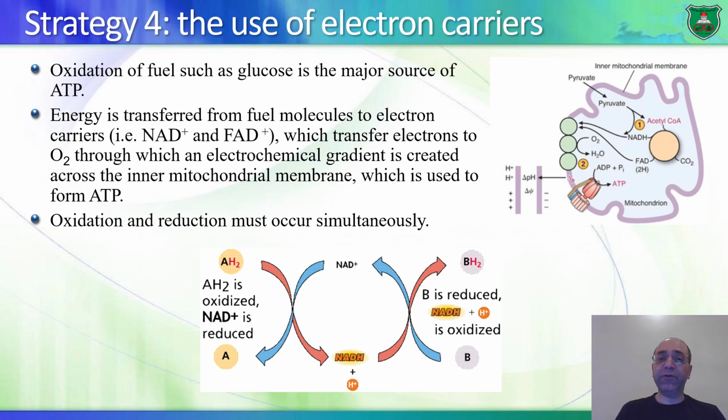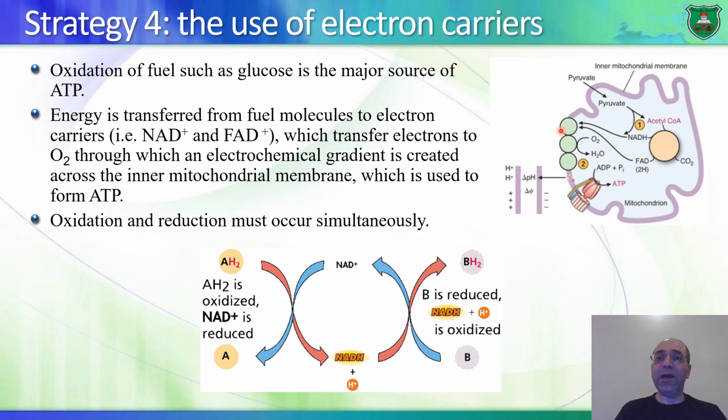These electron carriers include NAD and FAD. Now, these carriers can then transfer electrons to oxygen, okay? And as they do that, they create what is known as the electrochemical gradient across the inner mitochondrial membrane, okay?